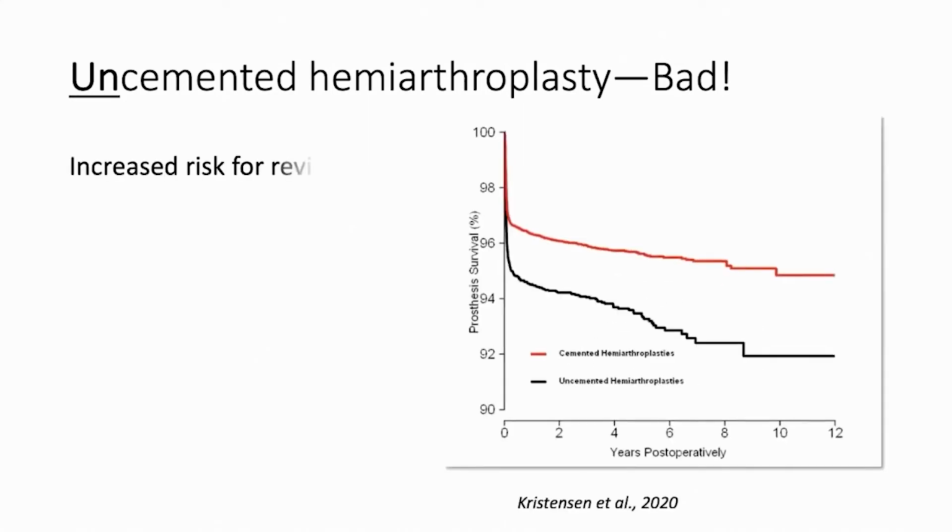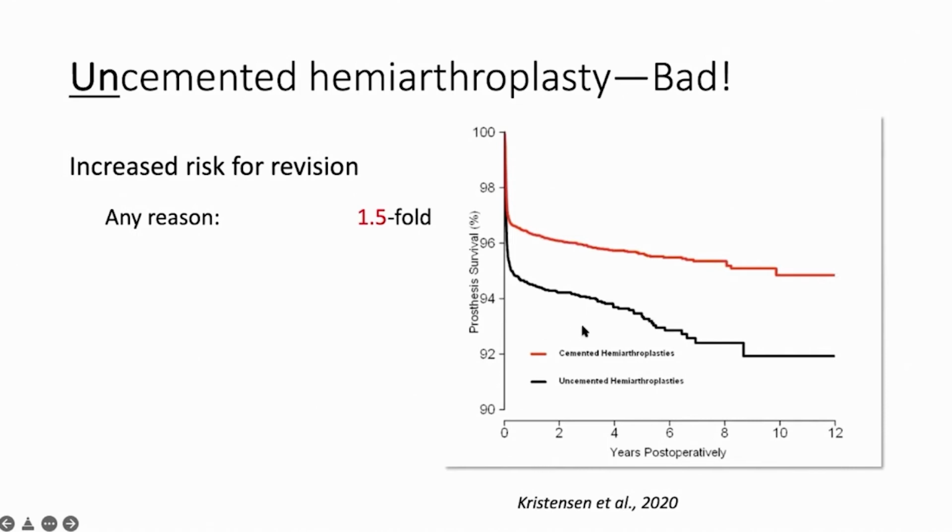There is a lot of evidence indicating that uncemented hemiarthroplasty is a bad procedure in the hip fracture patient. There are numerous registry and other observational studies showing this, and this is one of the latest and largest studies. It's from a Norwegian registry, and you can see the comparison of cemented hemiarthroplasties in red with uncemented hemiarthroplasties and the implant survival on the y-axis.